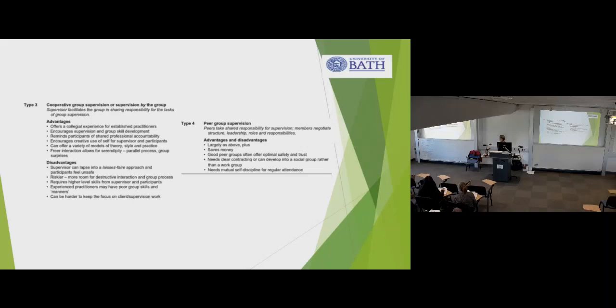Oftentimes you find people who are really experienced getting group supervision from each other and it working really well. But it can also, and I know this from my own experience of trying to have peer group supervision right after I qualified, lapse into what becomes a bit of a moan zone, as it were. You've got to have a real clear focus on what the task is and on getting that done.